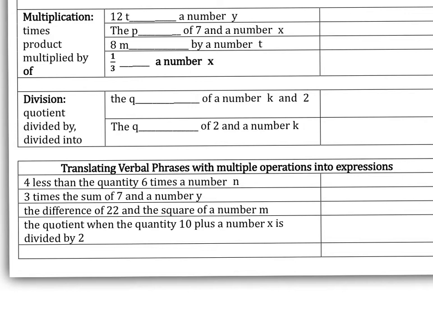Multiplication. 12 times a number y. The product of 7 and a number x. So 7x. 8 multiplied by a number t. And then we have 1/3 of a number x.